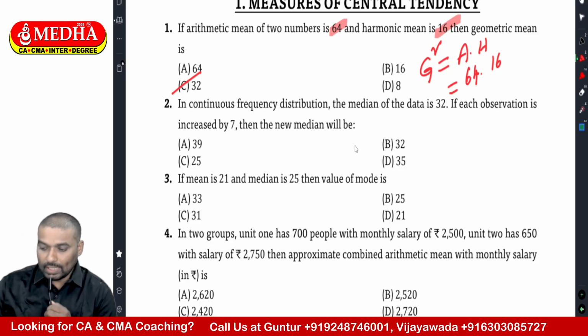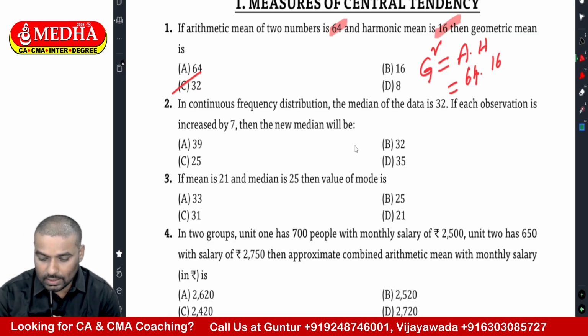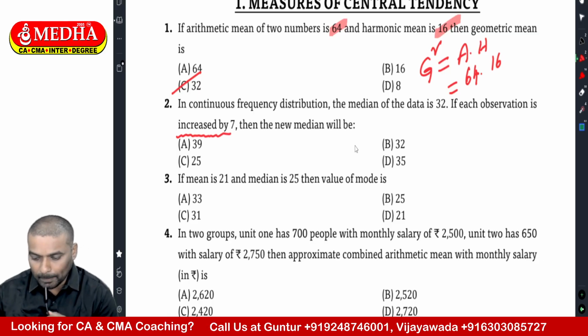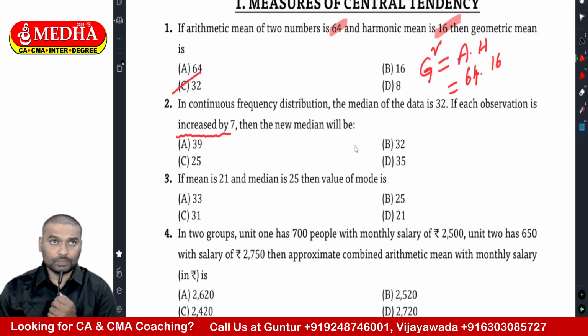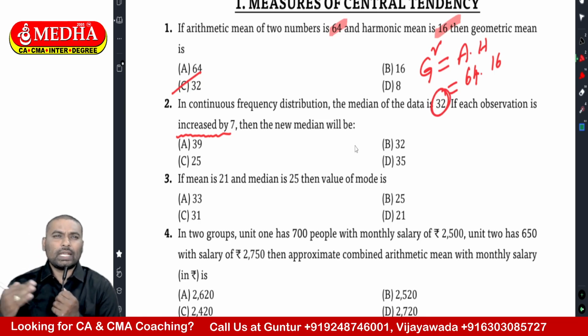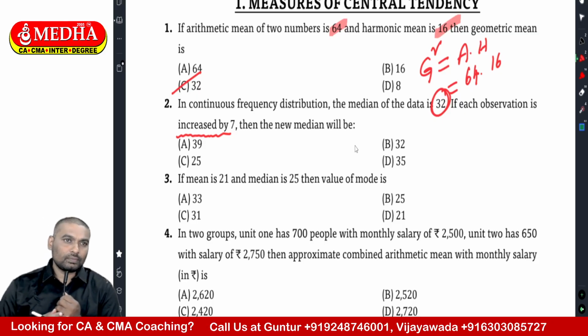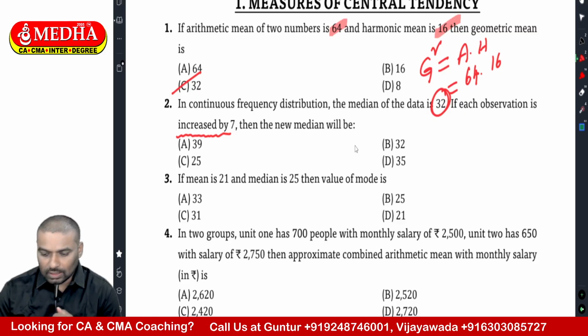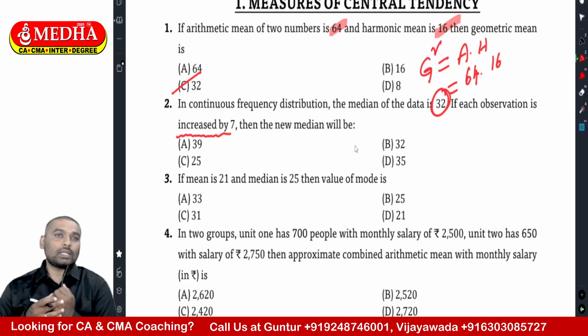32. Each observation is increased by 7. Then what is the new median value? So for a continuous frequency distribution, the median is given as 32. Each observation is increased. Increased means origin. And we know that median is affected by origin.